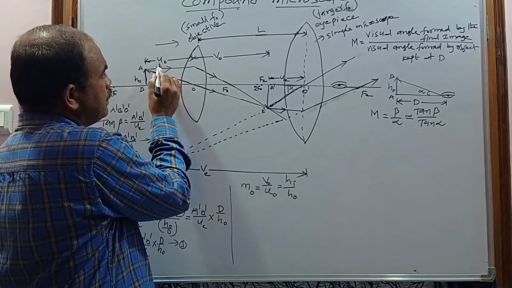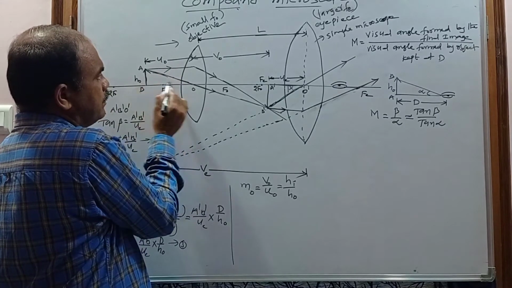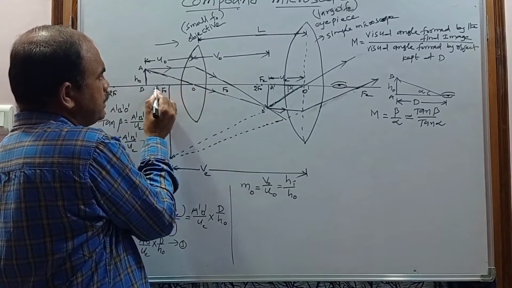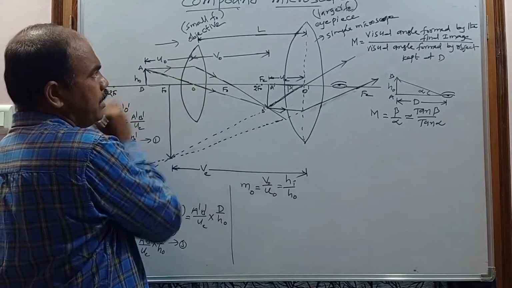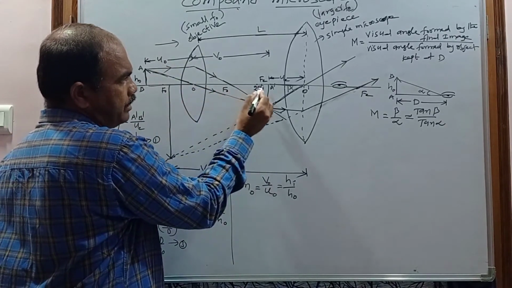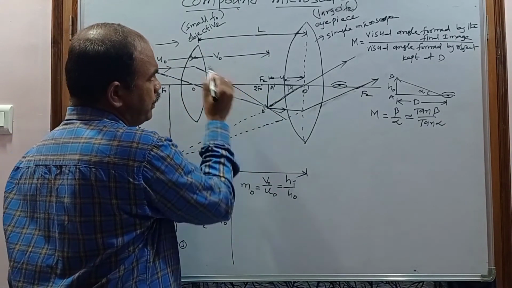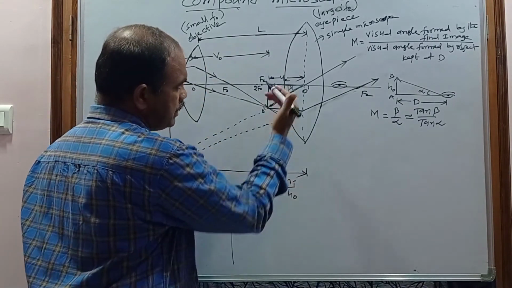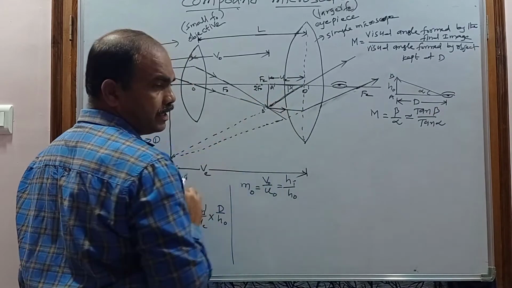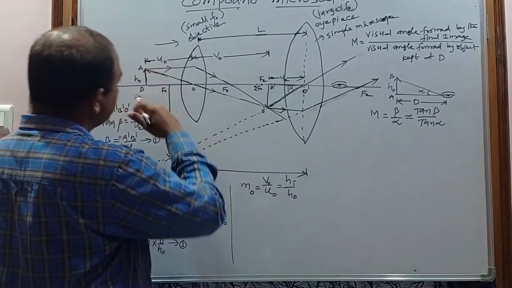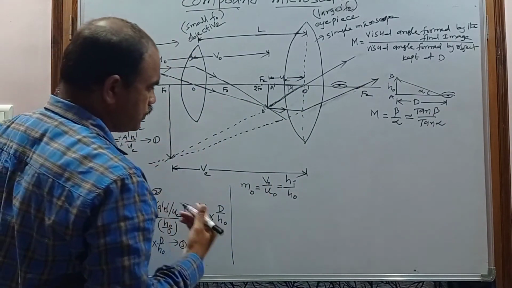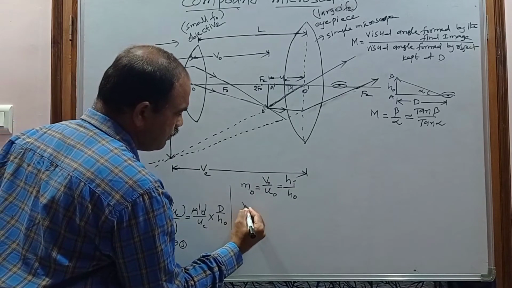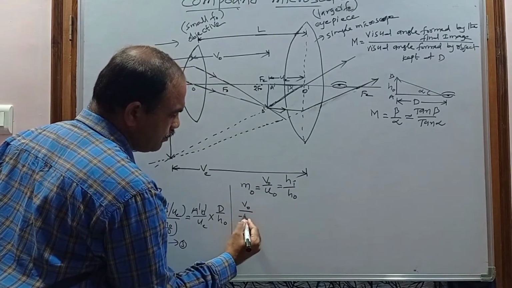To measure the object distance, you are moving in the opposite direction of the incident light, that's why U naught is negative. To find the V naught distance, you are moving in the direction of light, that's why V naught is positive. The height of the image is below the principal axis, that is negative, and the height of the object is above the principal axis, that is positive. So V naught by U naught is equal to minus U naught.